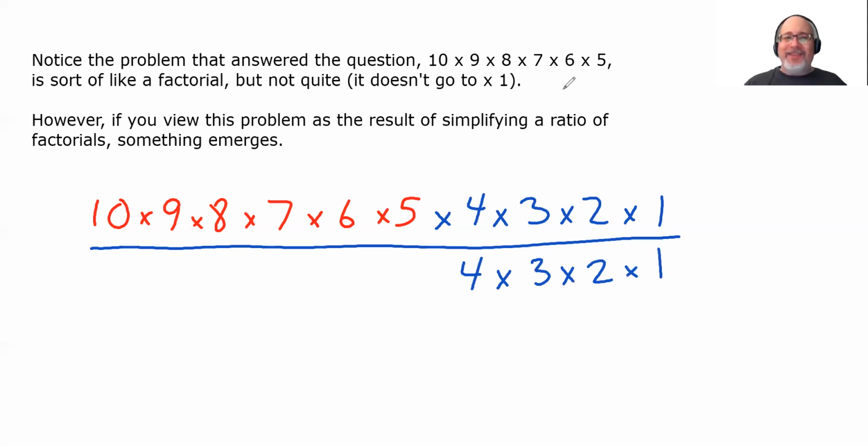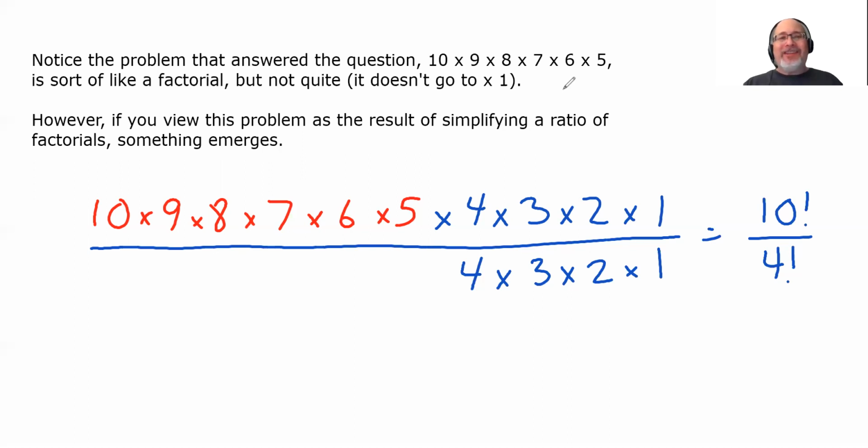So if we had something like this, then the top is a factorial. It's 10 factorial. And the bottom is also a factorial. It's 4 factorial. And like in the previous video, if we expanded both of those, we could cancel the stuff in blue and we would be left with the stuff in red, which gave the answer to the question, how many ways can we park 6 of the 10 cars in those parking spaces?